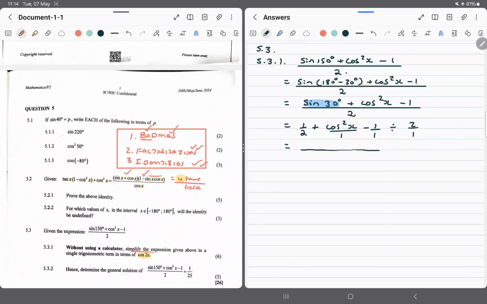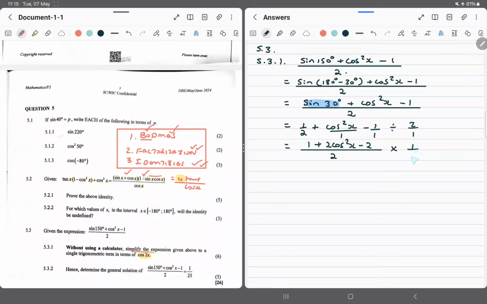On the left hand side, we look for the common denominator, it's 2. Then 2 divided by 2 is 1, 1 times the numerator is 1, plus 2 divided by 1 is 2, times the numerator is 2 cos squared x, then 2 divided by 1 is 2 times the numerator, minus 2.